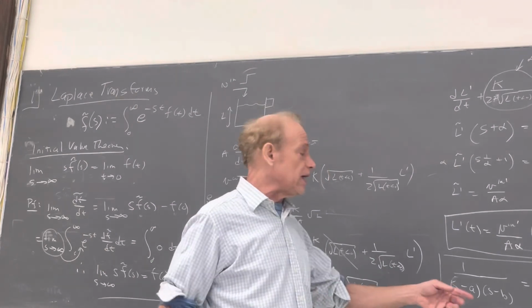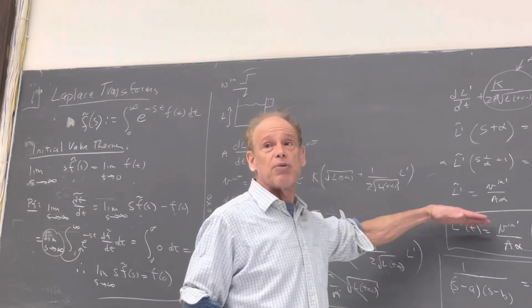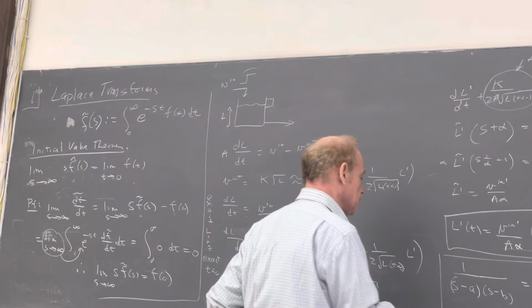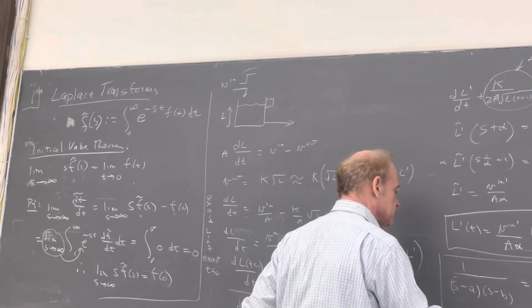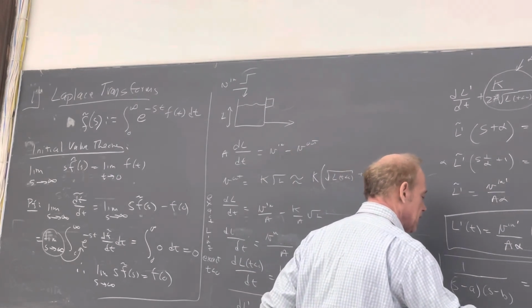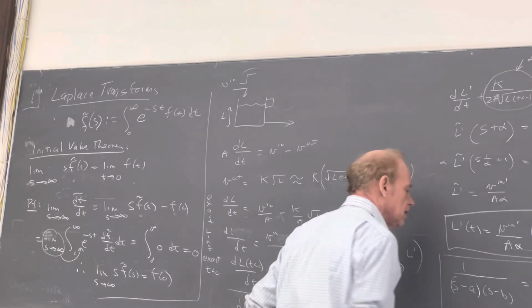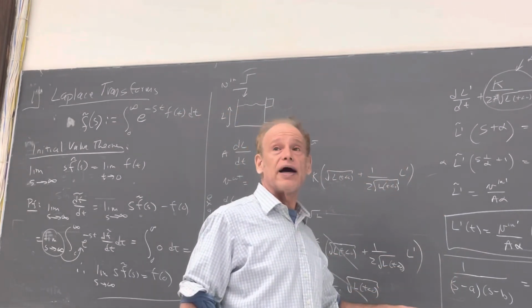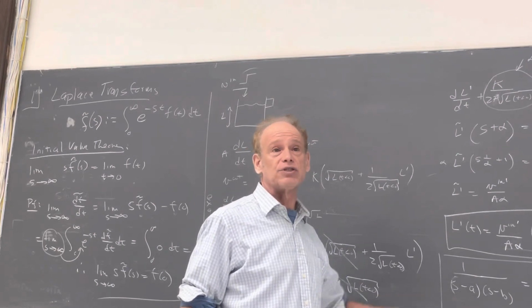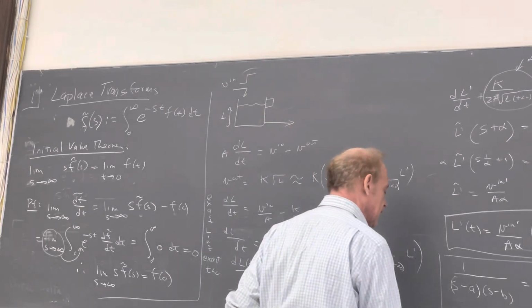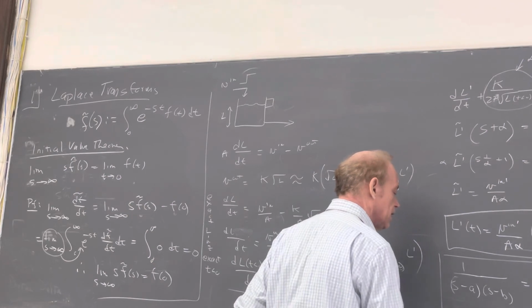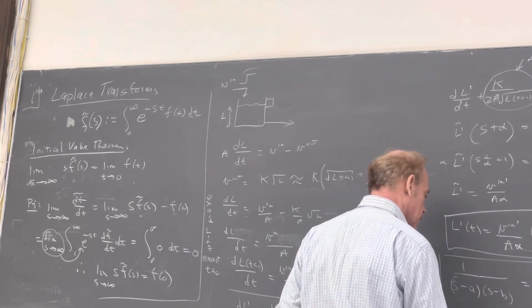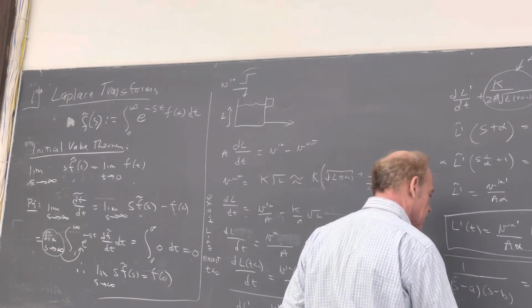And to calculate that, I multiply top and bottom by s minus a, s minus b. And I get 1 is equal to A times s minus b plus B times s minus a. And if this has to be true for all values of s, then I can equate the coefficients of like powers of s on both sides. So s to the 0 tells me 1 is equal to minus Ab minus Ba.